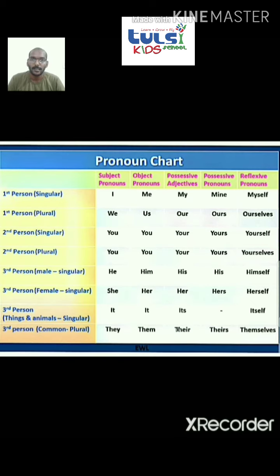She is the subject pronoun, her is the object pronoun, her is the possessive adjective, hers is the possessive pronoun, herself is the reflexive pronoun. It is the subject, the same it is used as object pronoun, its is the possessive adjective, there is no possessive pronoun, and itself is the reflexive pronoun. Same like that, they, them, their, theirs, themselves.